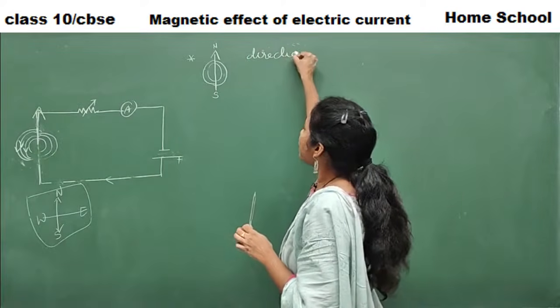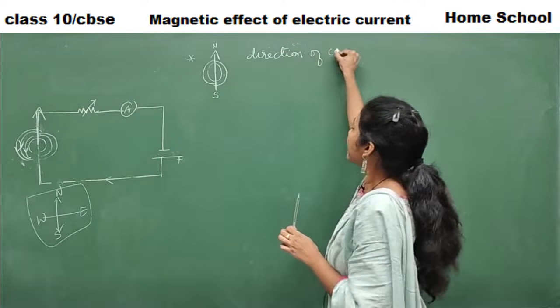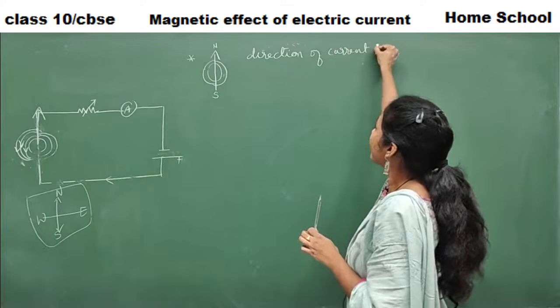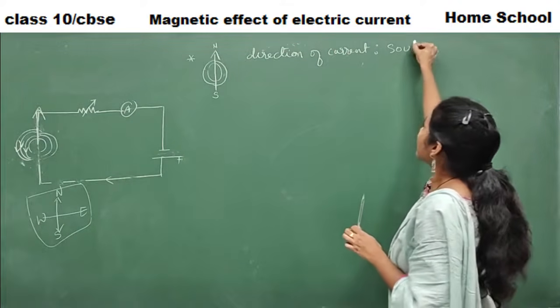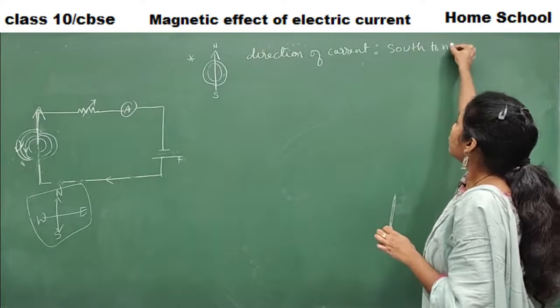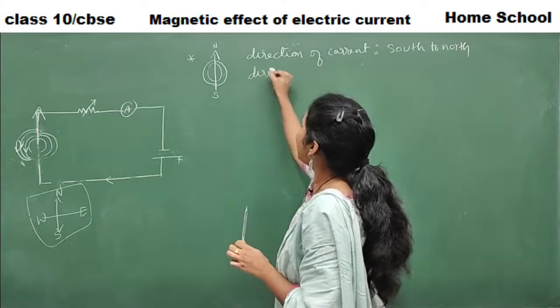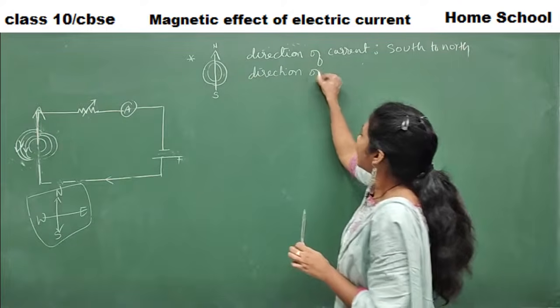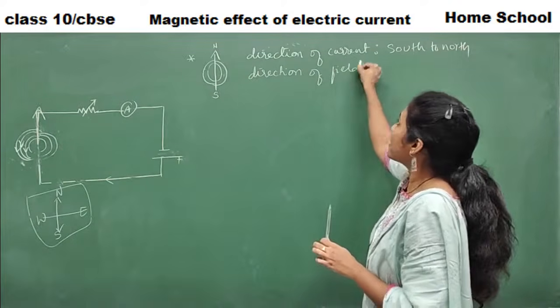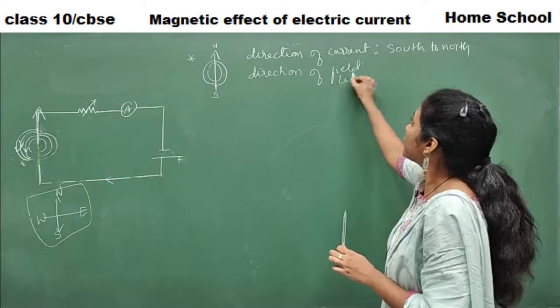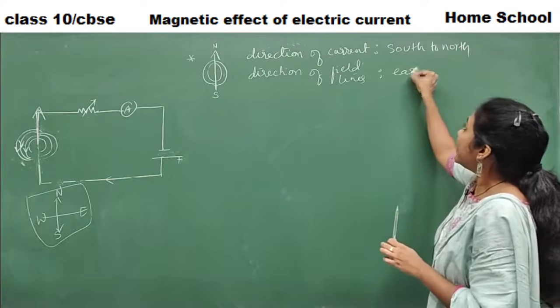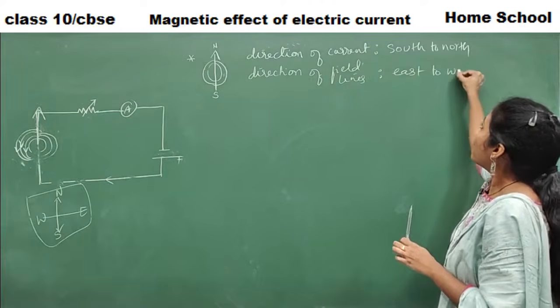What is the direction of current? The direction of current is south to north. Then what is the direction of field lines? The direction of field lines is east to west.